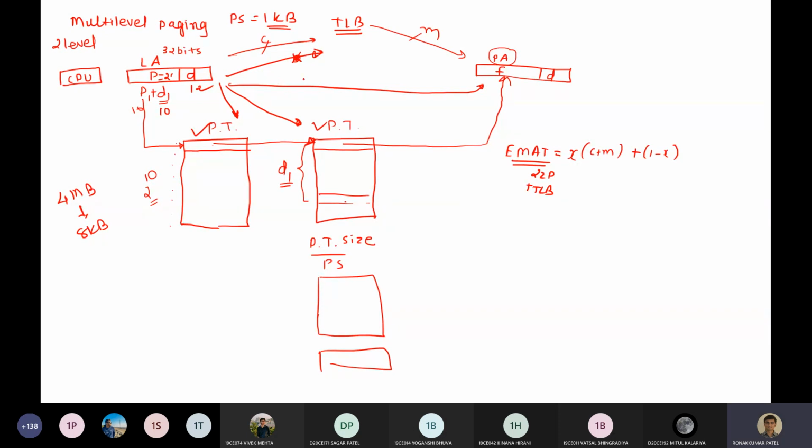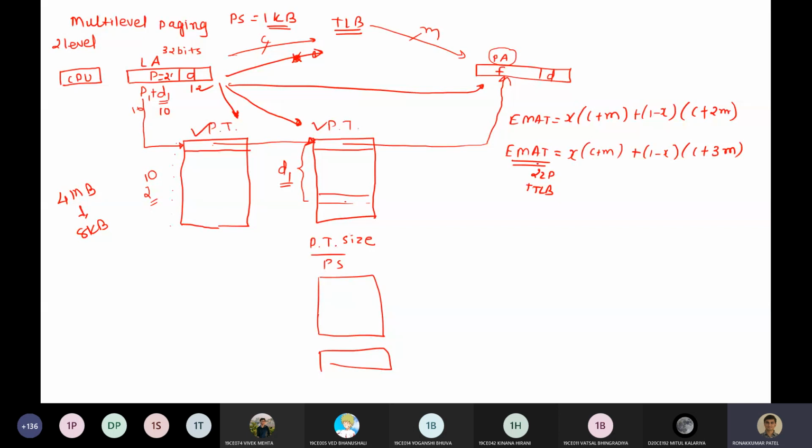So this will be C plus 3M. In single level paging we have seen this: C plus M plus 1 minus x. Here it was C plus 2M.